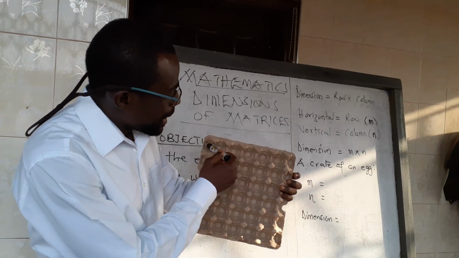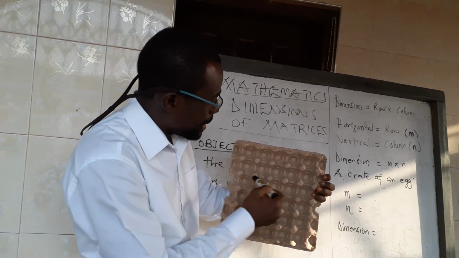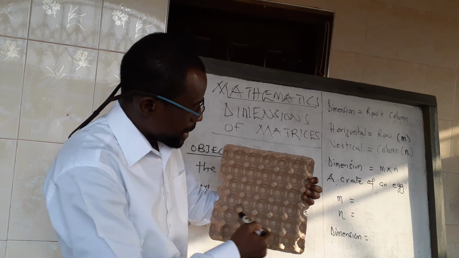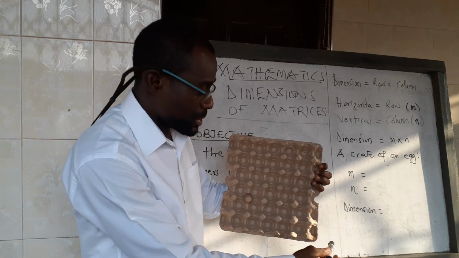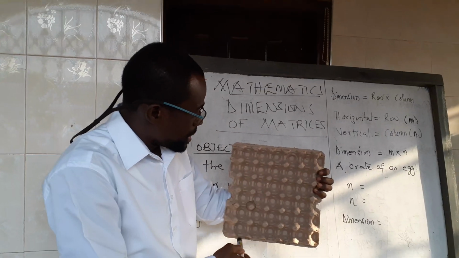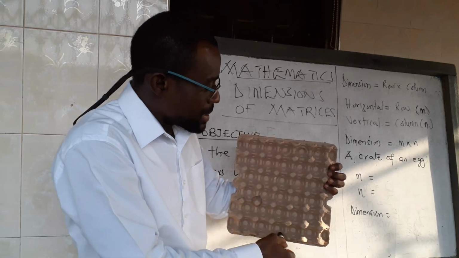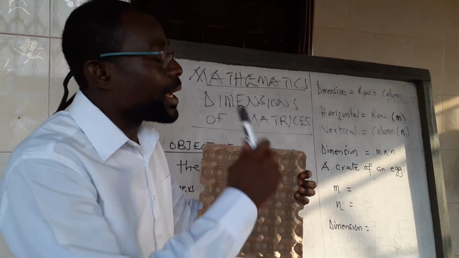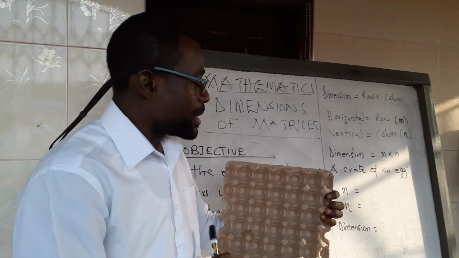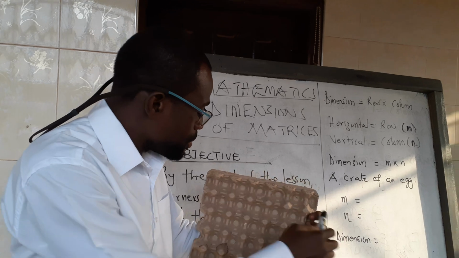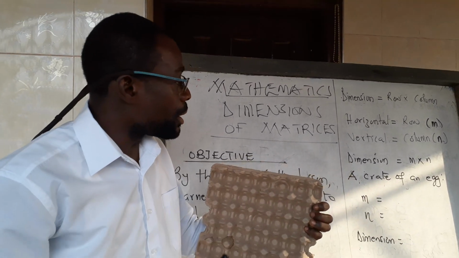The egg crate has these lines here as the rows, and these ones here, the vertical ones, as the columns. And every matrix is defined by its rows and by its columns.